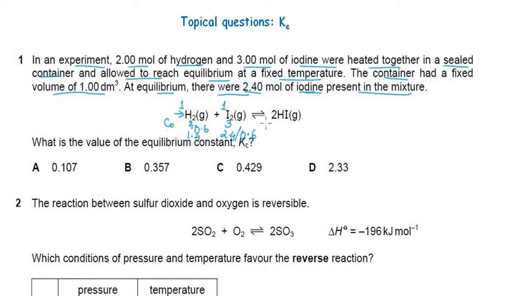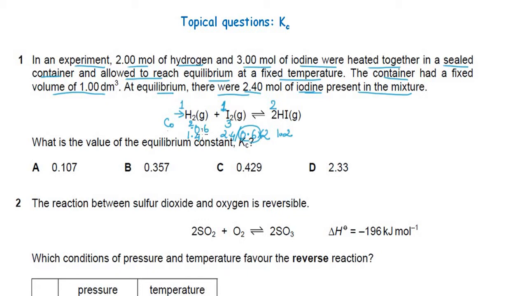1.4. Now from the equation we can make out that the mole ratio of iodine to hydrogen iodide is 1:2. That is, if 0.6 moles have been used up, double of it will be formed. So we need to multiply 0.6 by 2, that is 1.2 moles of hydrogen iodide will be formed at equilibrium.